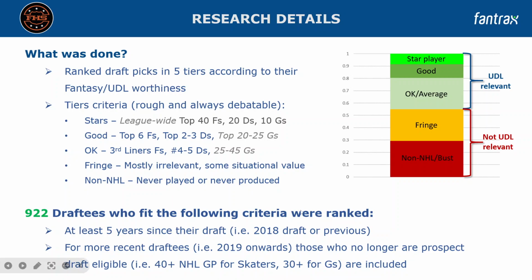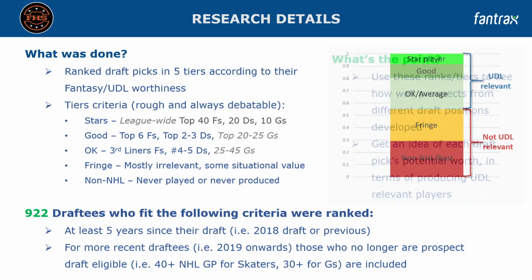A lot of these picks that are currently in tiers 4 or 5, so fringe or non-NHL, or not a lot, but some of them, could still move up the ladder. And for the most recent draft, the 2019 draft, those who have exceeded the prospect thresholds have been ranked in this research. So I think that should clarify the picture.